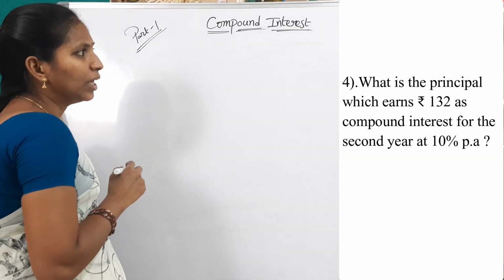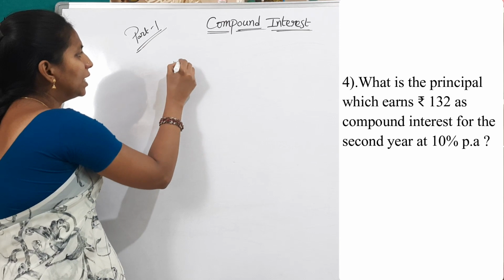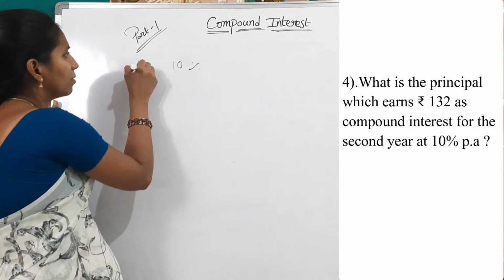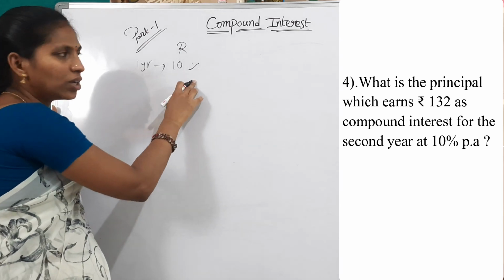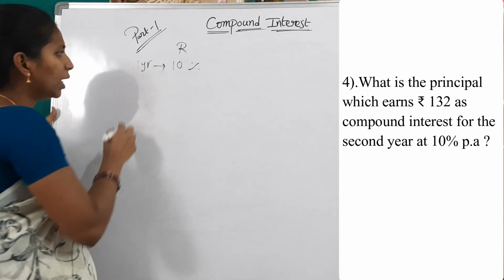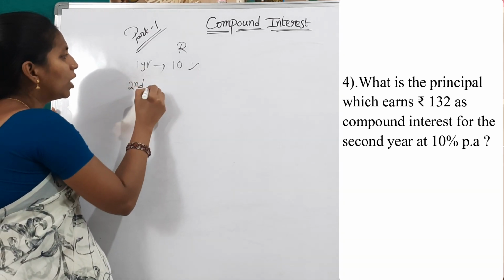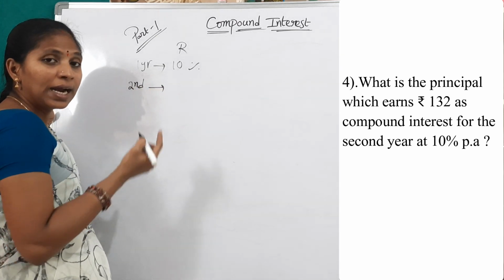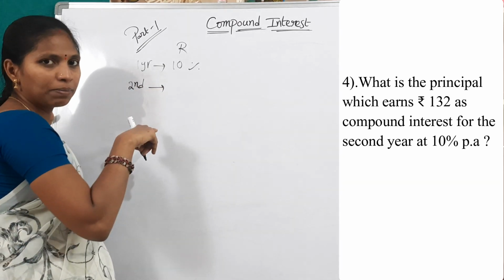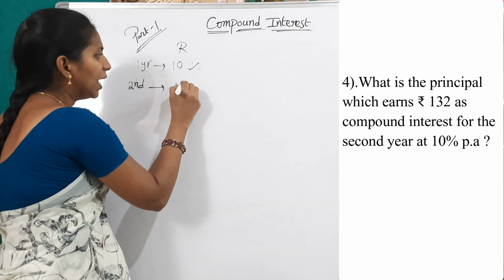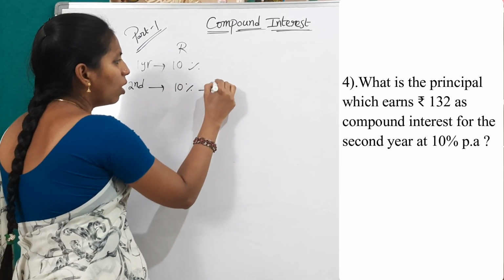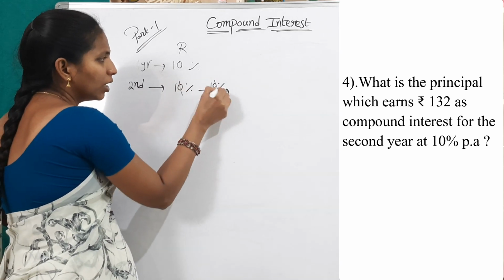Principal value. Here 10% is for the first year. Rate of interest 10% for the first year. And for the second year, what will be the rate of interest? 10% on this 10%. Isn't it? Yes, 10% on this 10%.